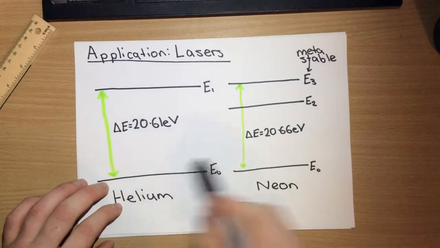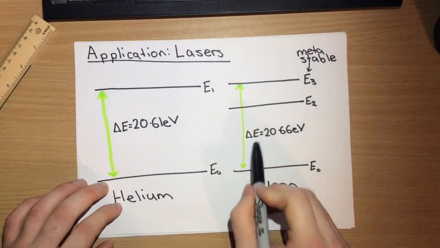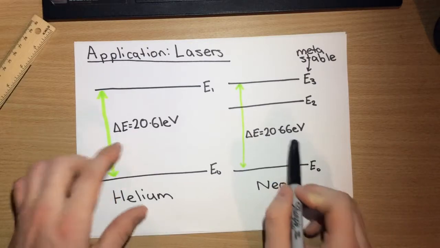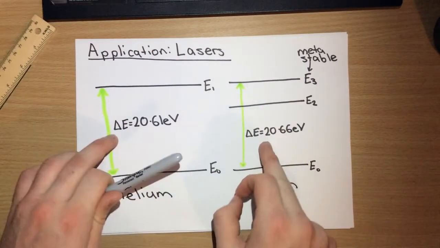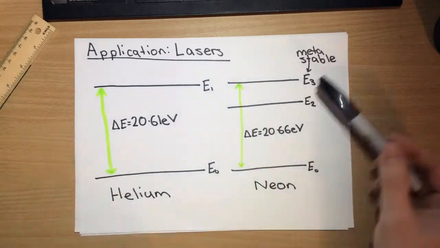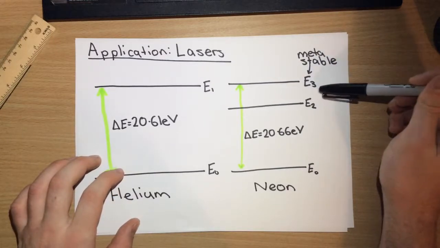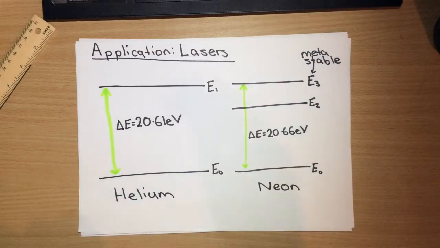If you have a look at neon, between its ground state and its third energy state, we've got a very similar energy, 20.66 electron volts. So we've got this very similar energy level gap for the helium and the neon. And neon also has a third excited state that's metastable, and we're going to see why that's important in a minute.